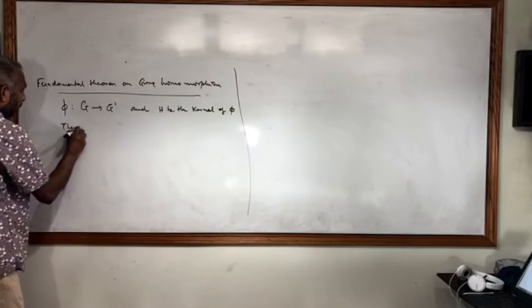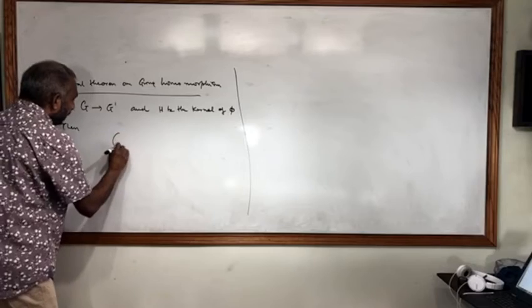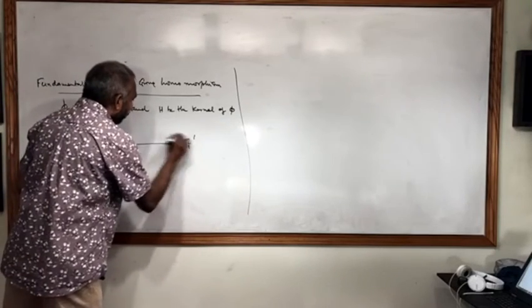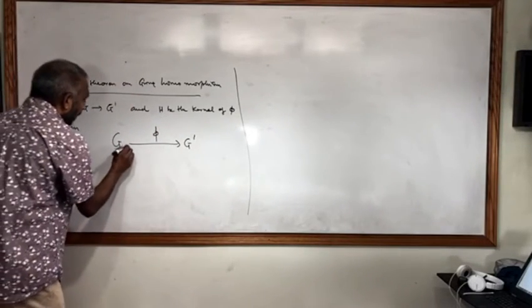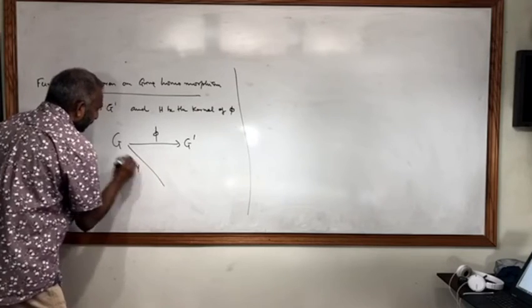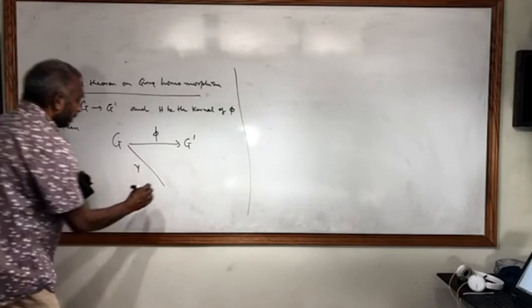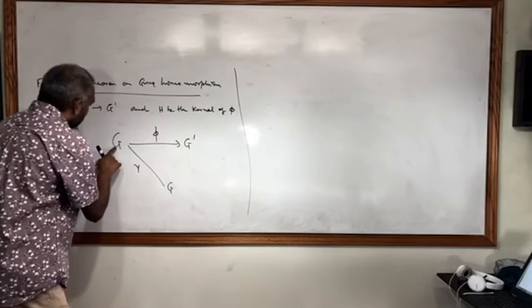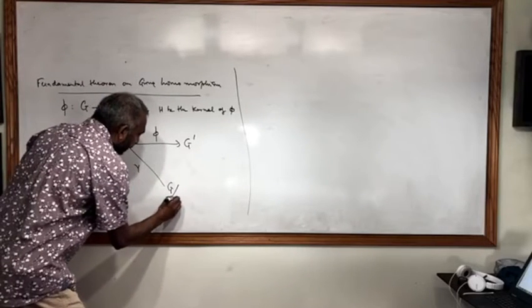Then we have G to G prime, that is phi, and we have a gamma here which goes from G to G/H.